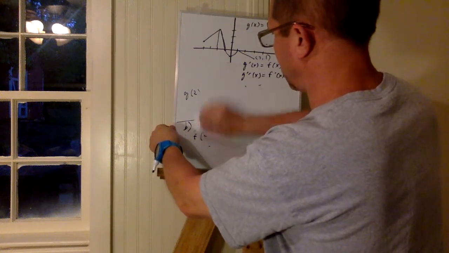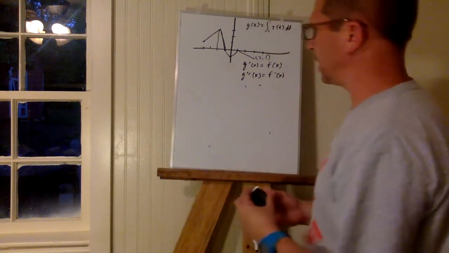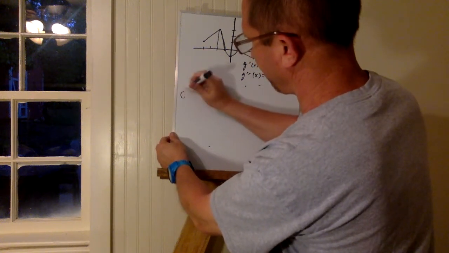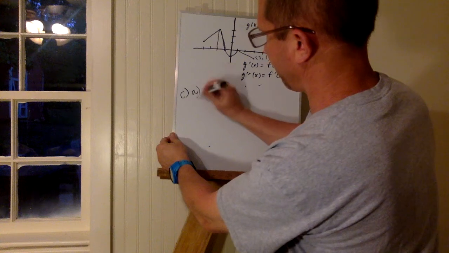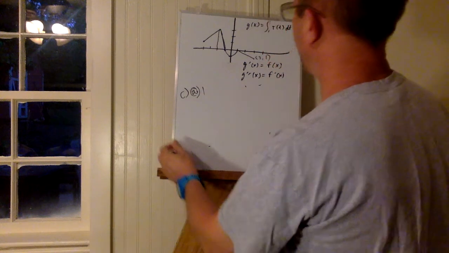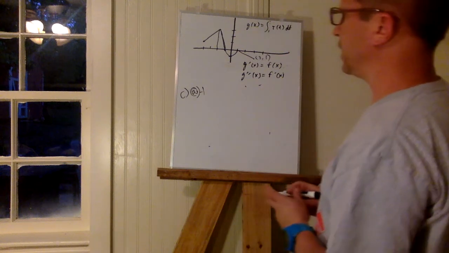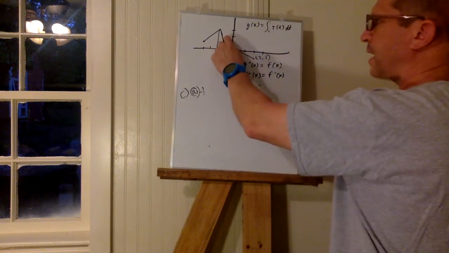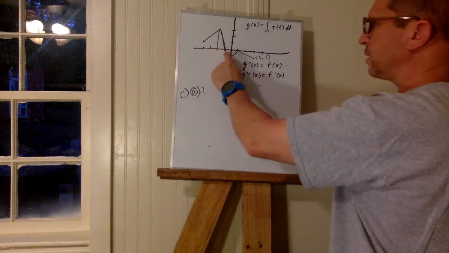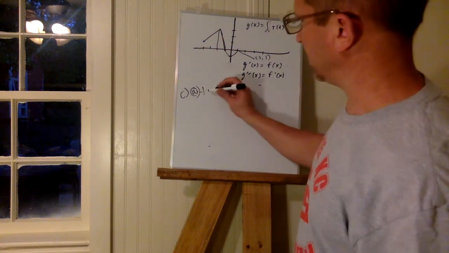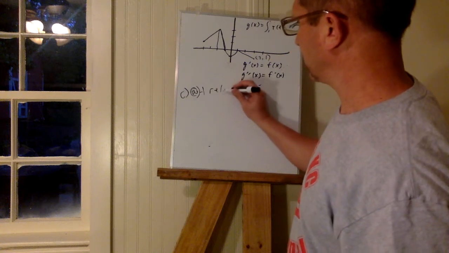So on to part C again. We said at 1 and -1. Well, at -1, sorry, we go from positive slopes to negative slopes. So if we go from positive slopes to negative slopes, we end up with a relative maximum.